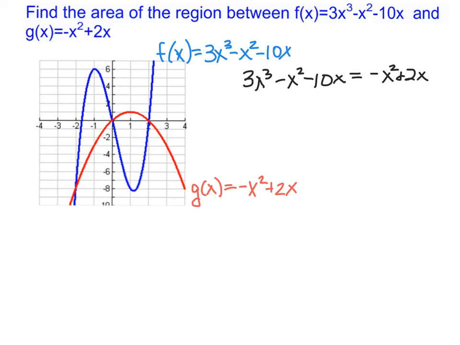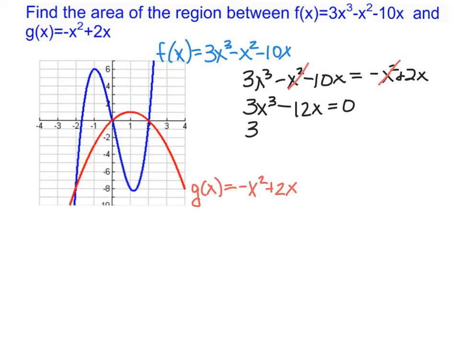If I add x squared to both sides of the equation, I can see that that's going to cancel the x squared terms. If I subtract 2x from the right side and the left side, I'm going to get 3x cubed minus 12x equals 0. And again, I know that I've got 3 intersection points, and that makes sense because I've got a cubic function to solve.